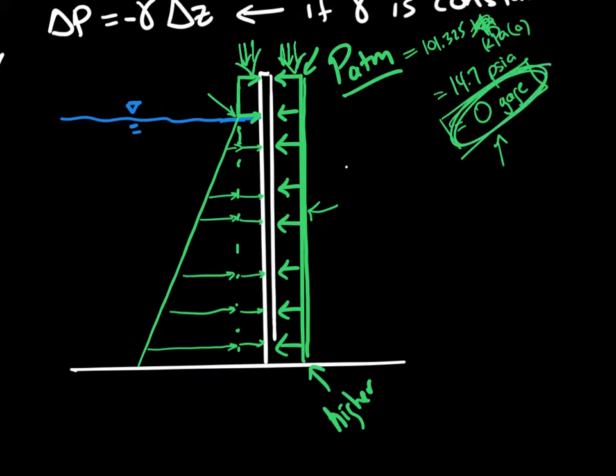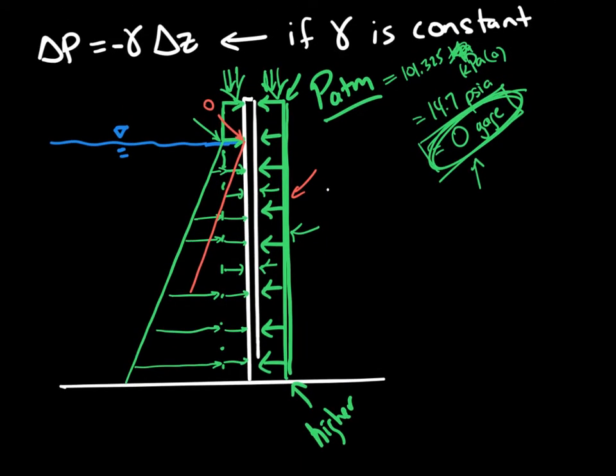This bit right here, which is underwater, I'm going to count as equal and opposite to that bit. So when I redo this, I'm going to treat the atmospheric pressure as 0 gauge, ignore all the atmospheric pressure over here and the stuff on the left-hand side, and just draw my line like this.